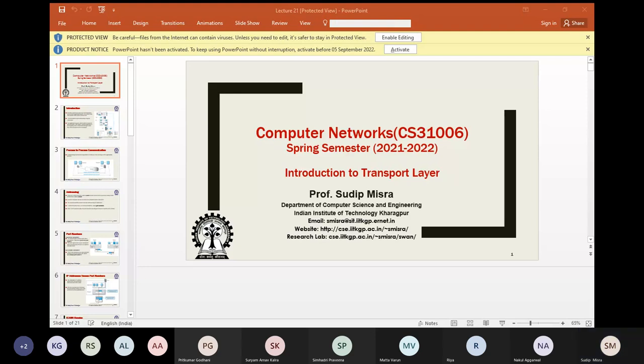This figure is taken from your textbook, so you can look at your textbook as well. Let us say two organizations are there. In this example, they have taken Sky Research and the other organization, Scientific Books. Let us say this is IIT Kharagpur and this is IIT Delhi.